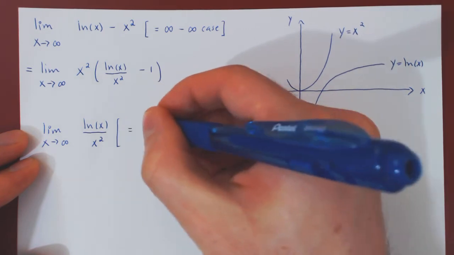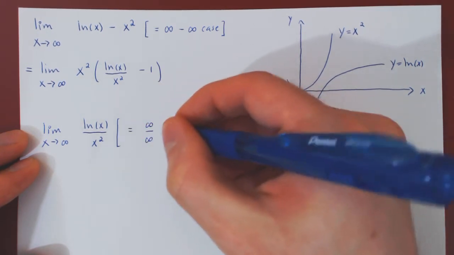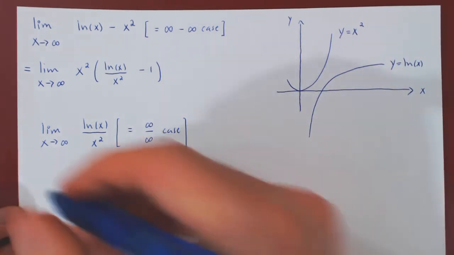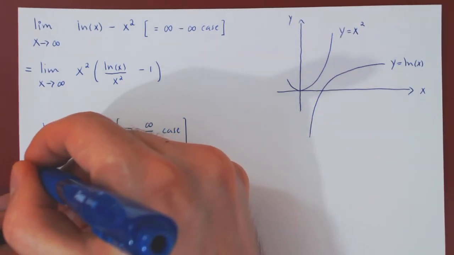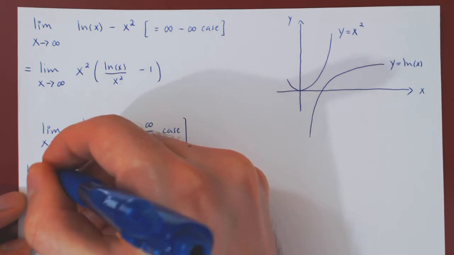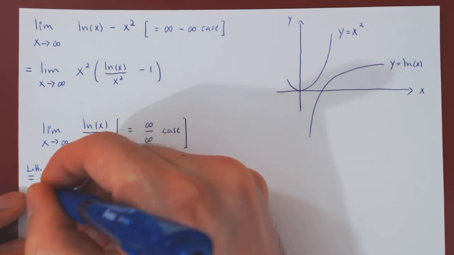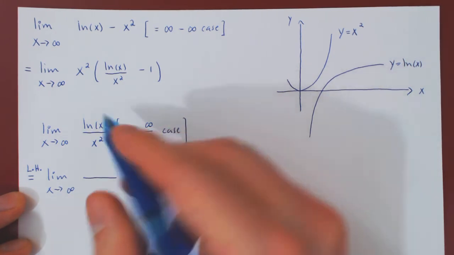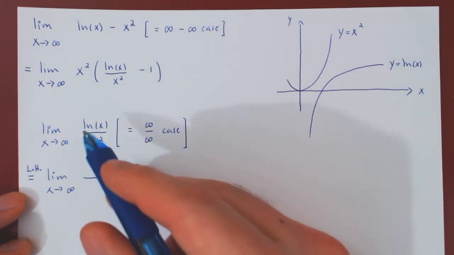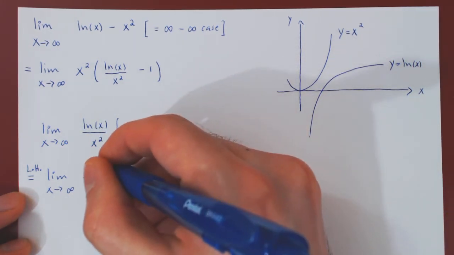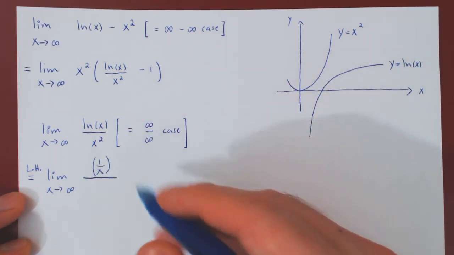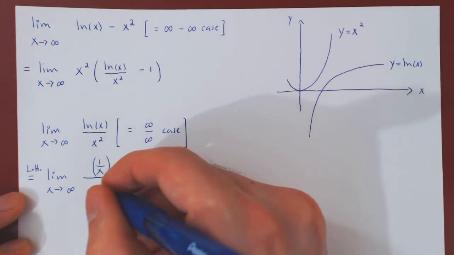As we've just said, we have an infinity over infinity case, and we now apply L'Hopital's rule. The limit as always stays the same, x tends to infinity. Replacing ln by its derivative, the derivative of ln of x is simply 1 over x, over the derivative of x squared, which is 2x.